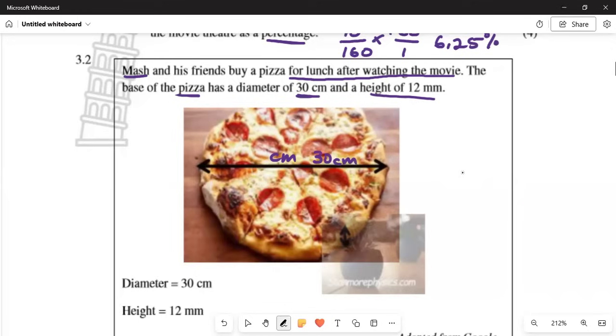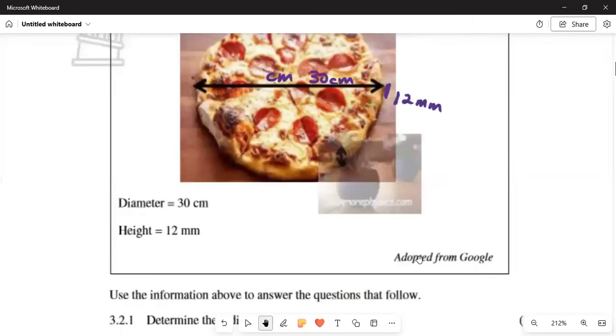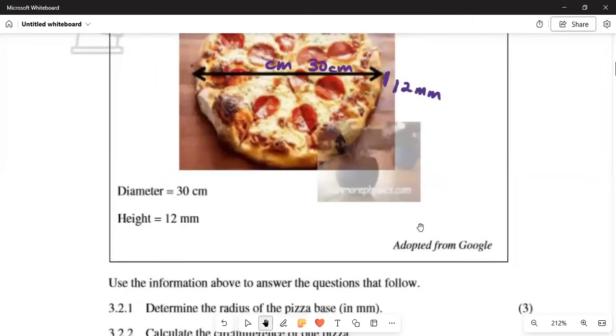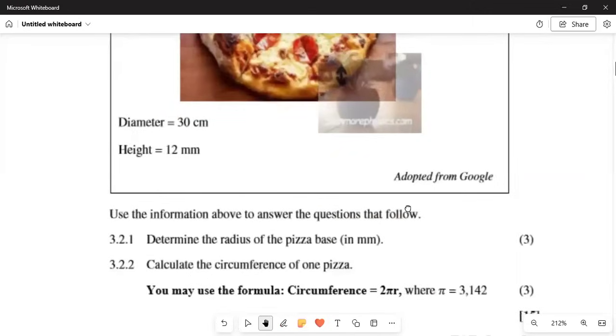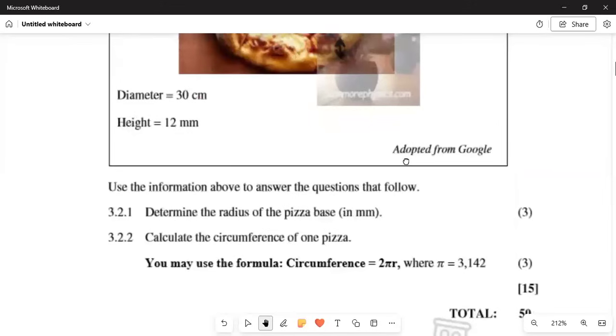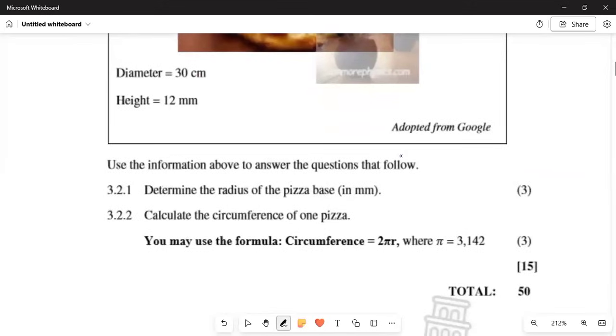So the base here, the outer crust, is 12 millimeter. So that is what we are told. All right. So we are now having a question in 3.2.1. The question says, determine the radius of the pizza in millimeter.